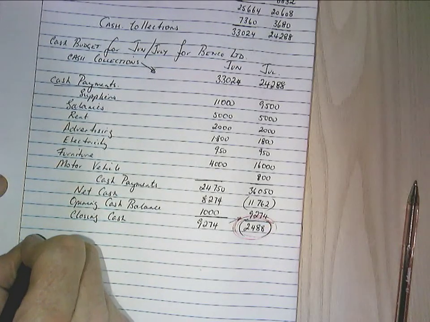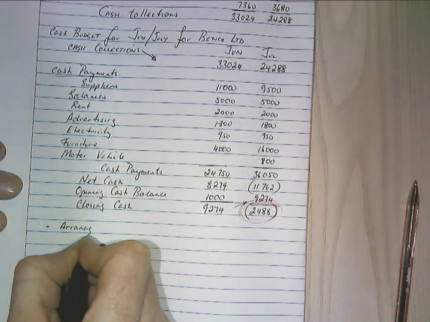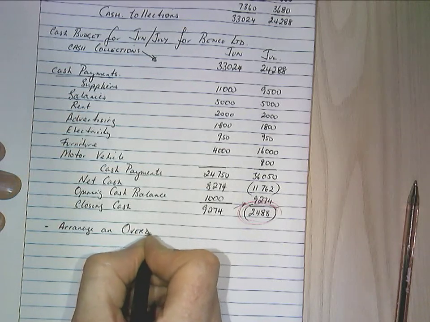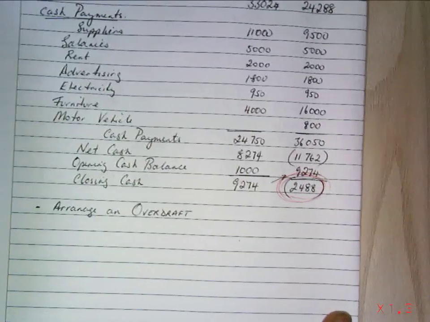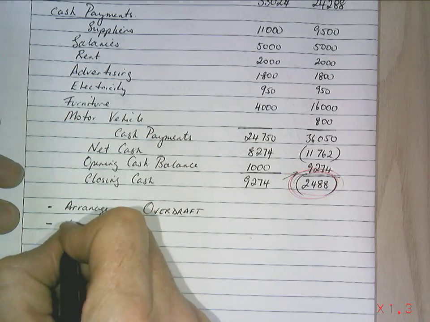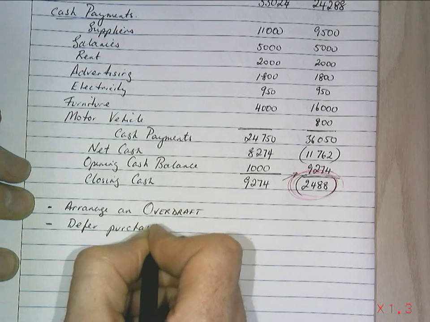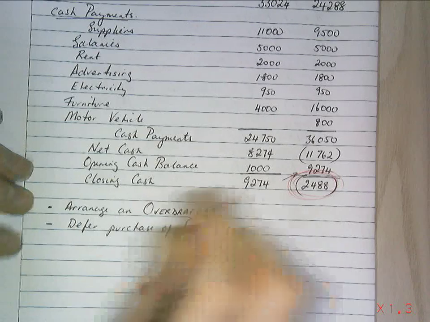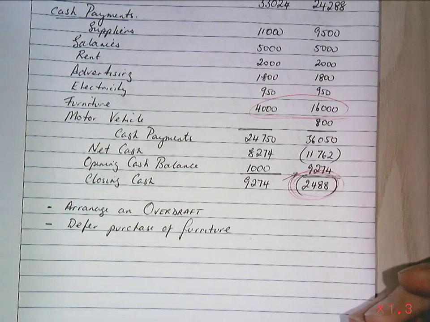The first thing I could do, arrange an overdraft. That's the first thing I could do. I could defer the purchase of my furniture. So this furniture here, I could try and put that off for a couple of months.